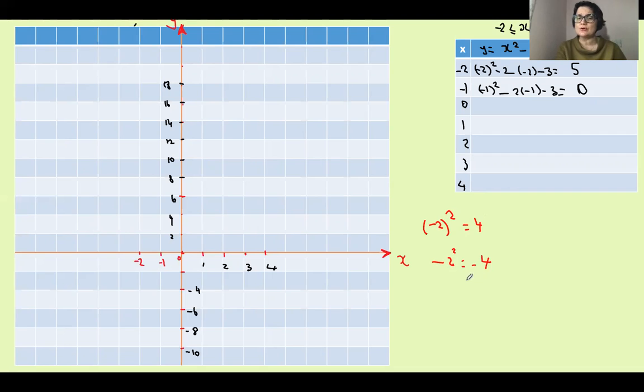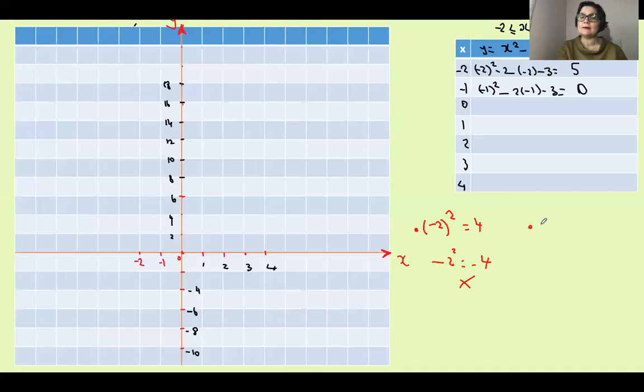This is wrong. Especially when you use calculators, you still need to use brackets, because otherwise the calculator will take 2 to the power of 2 instead of minus 2 to the power of 2, and the answer in your calculator is going to be minus 4. So it's going to be the wrong answer. This is the first bullet point that you need to remember.